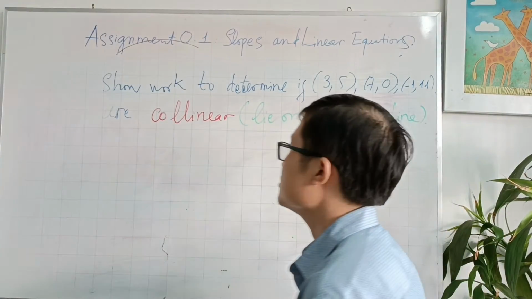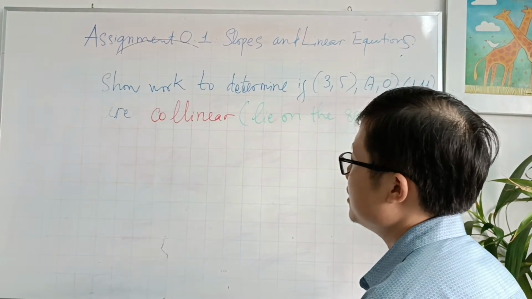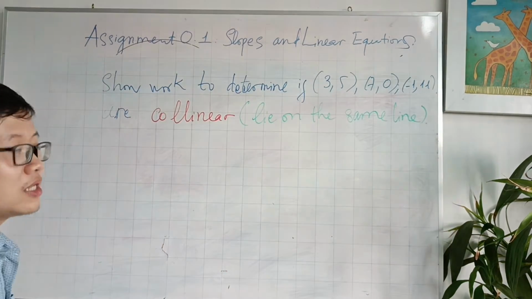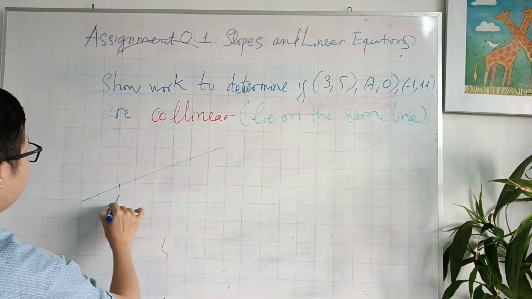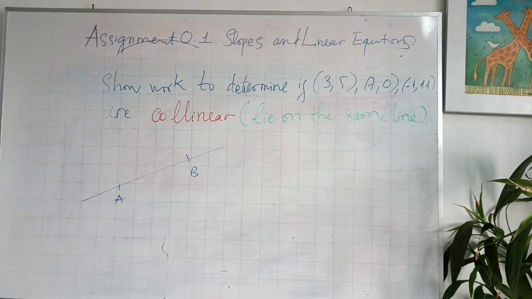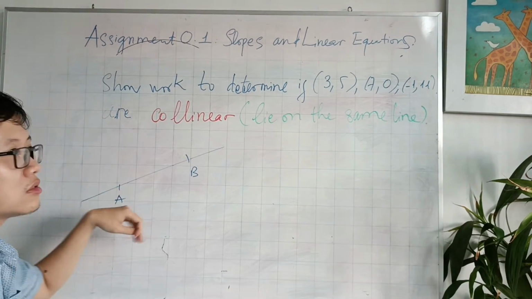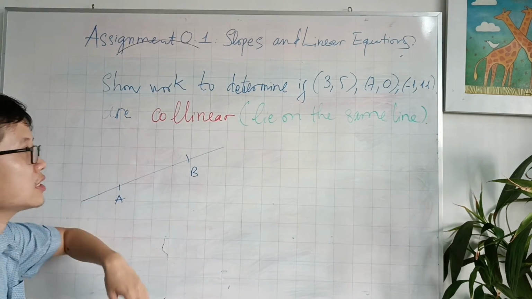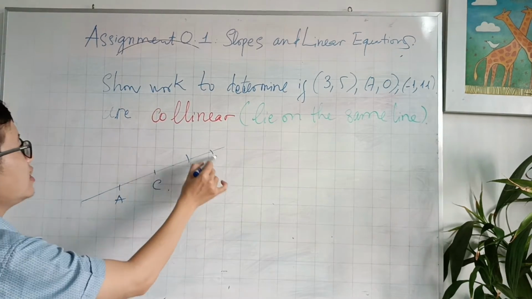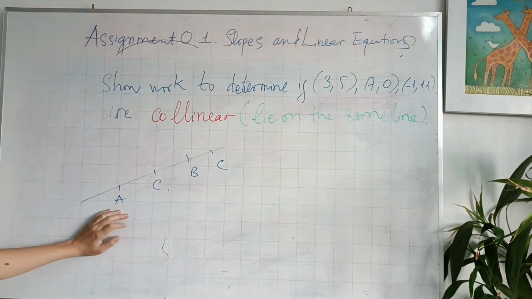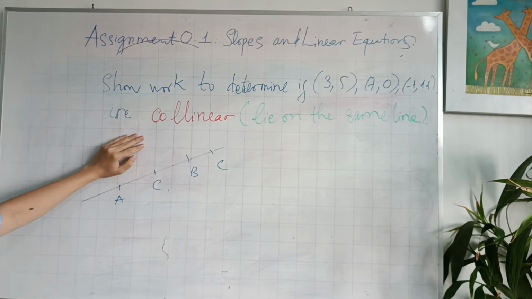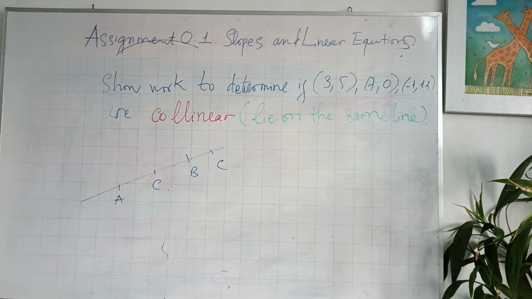As I said in the last sessions, when we define a line, we must have 2 points, A and B. And this is a very special situation that 3 points lie on the same line. See here, or maybe see here. It is 3 points on the same line. We use a term called collinear.